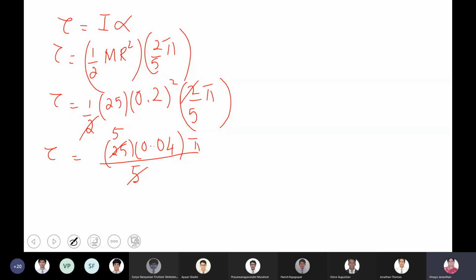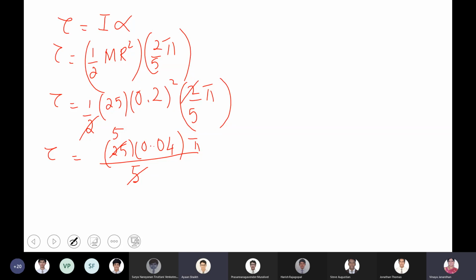What's the answer, boys? M is 25, R is 0.2, 0.04, then 2 by 5 pi. 2 and 2 will get cancelled, so that goes 5. Ma'am, it is 0.2 pi.